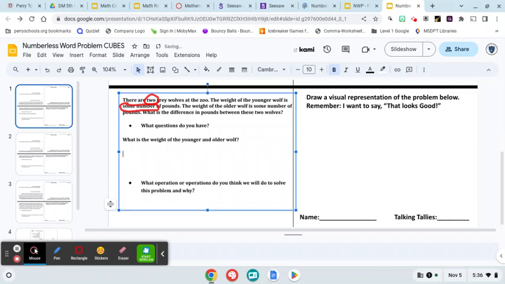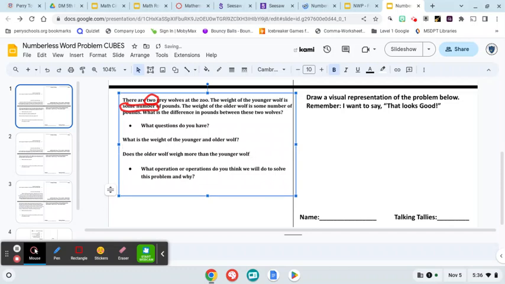Maybe I would ask, does the older wolf weigh more than the younger wolf? Because that is important information that I need to know. I don't have any other questions here because I have some missing information, and that's the information that I don't know. I could ask other questions like where's the zoo located, but those questions don't really pertain to solving the problem.